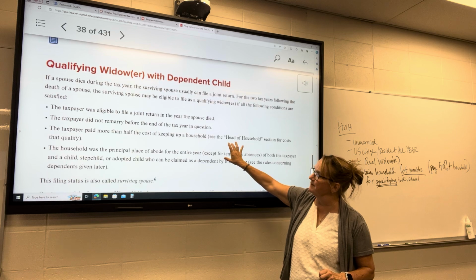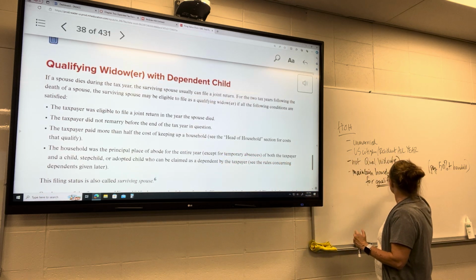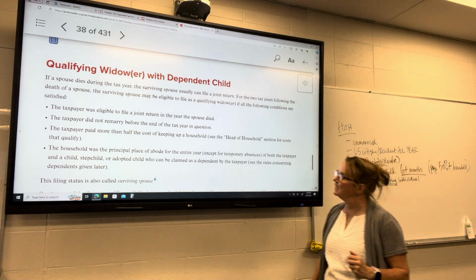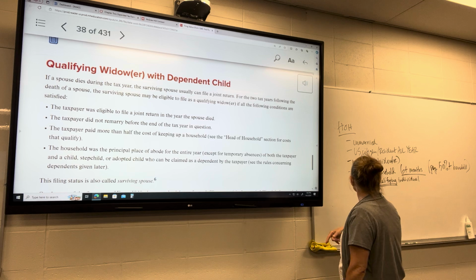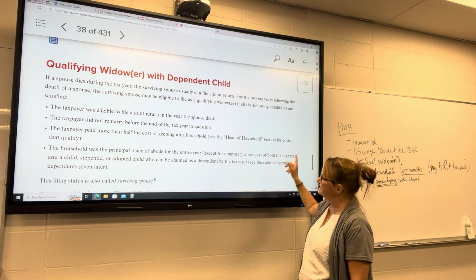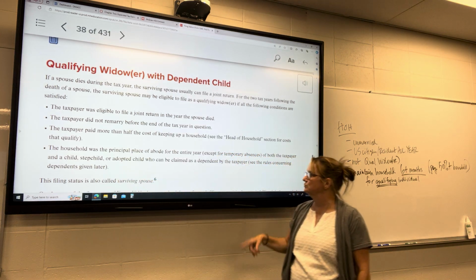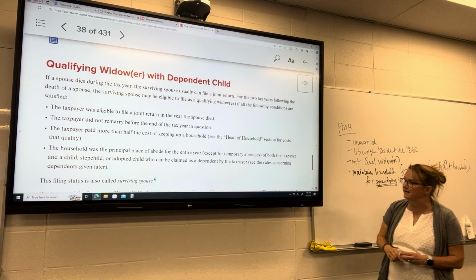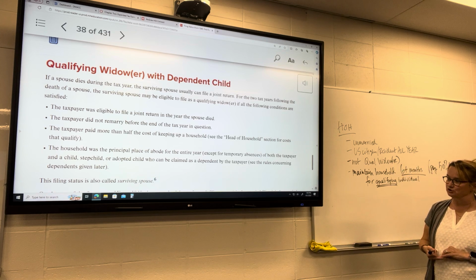The taxpayer has to pay more than half of the cost of keeping up a household, so same requirements here. And the household has to be the principal place of abode for the entire year of both the taxpayer and a child, stepchild, or adopted child who can be claimed as a dependent by the taxpayer. So it is their child, stepchild, or adopted child.